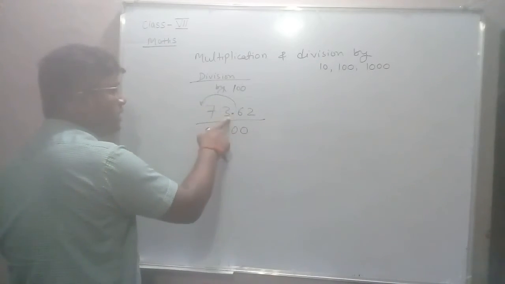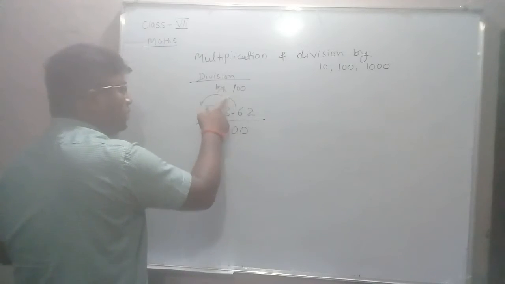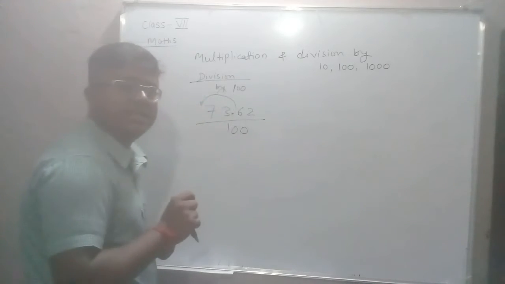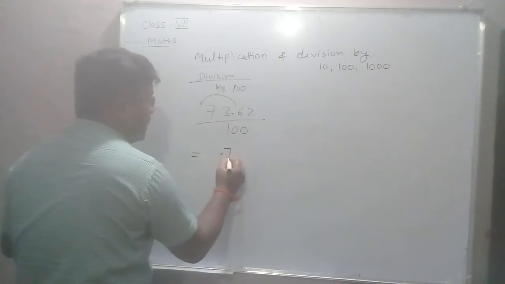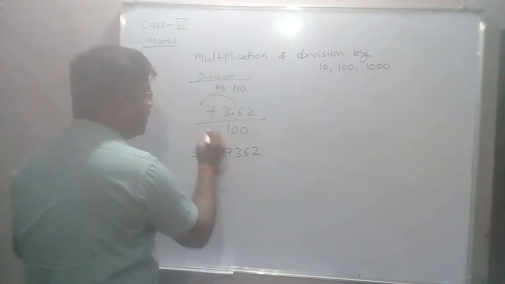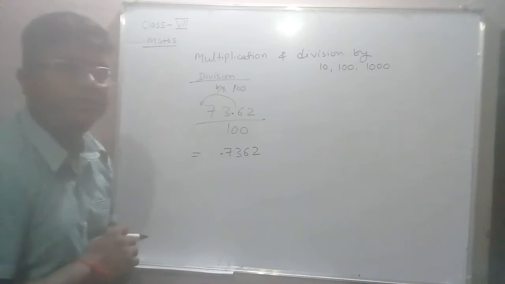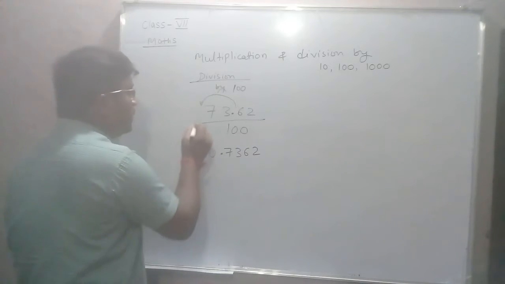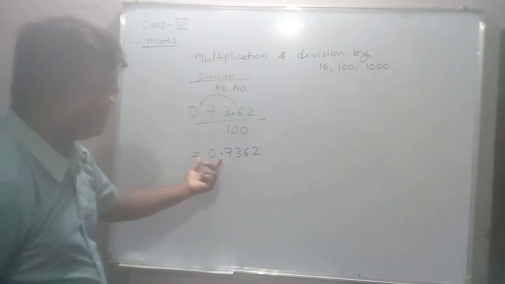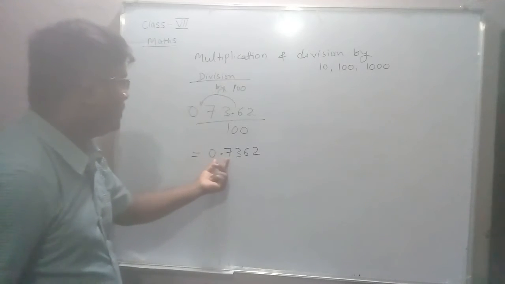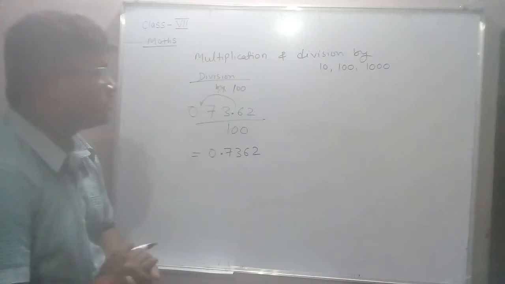Here 2 means 2 digits. So after 2 digits we are going to place the decimal towards the left. Your answer will be 0.7362. Here, for formality, we'll write 0. Because there is no 0 here, you can place a 0 also, no problem. This 0 will show here.